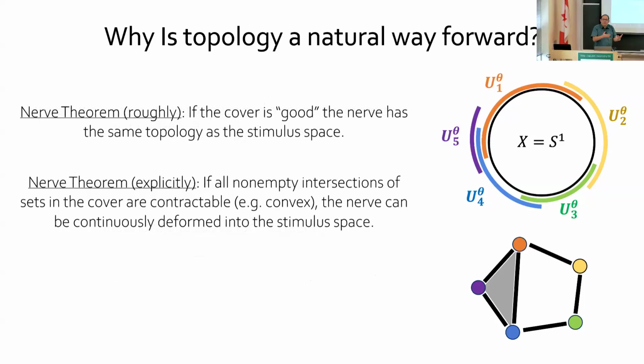If this cover is good in some way, which means technically that all the intersections are either empty or contractible, meaning they can be collapsed to a point, then this thing I built is the same shape mathematically, topologically, as the top one. And there, I mean continuous deformation. So you imagine I can stretch and pull as long as I don't glue distant points or cut things. And you can probably just glance at that thing and see how to squish it into a circle, but that's always going to happen.